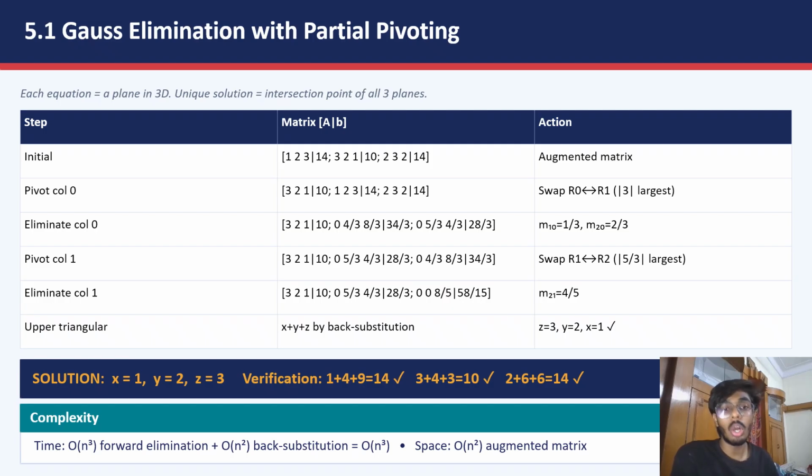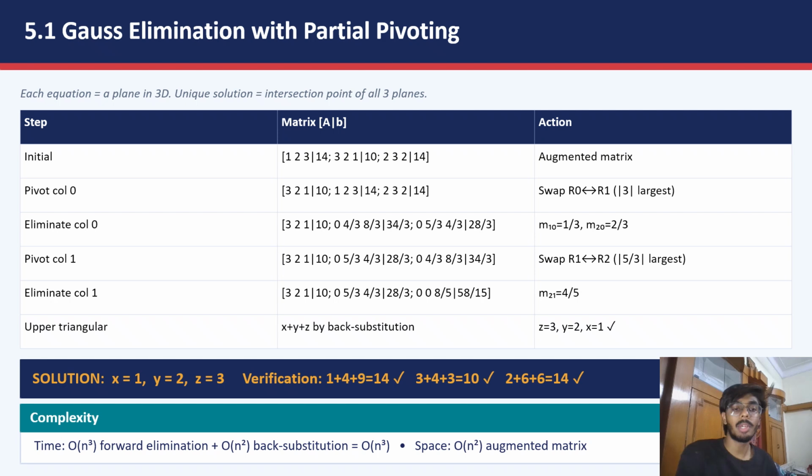Then we will pivot column 0 and make everything below it 0 by using row operations. Then we will take column 1 as pivot and use row operations. We will convert our matrix into an upper triangular matrix.